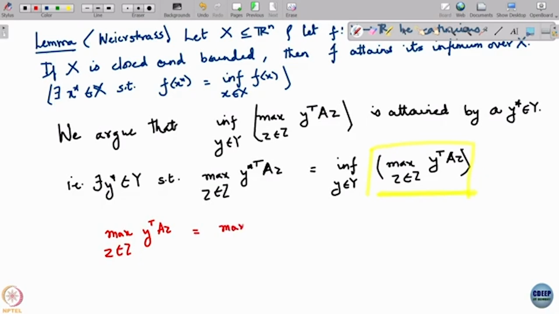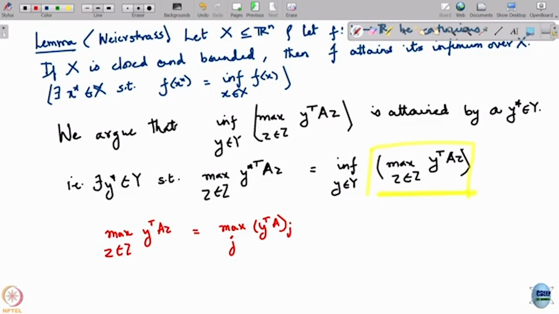This was the maximum over j of y transpose A_j. Why was that? Because y transpose A is a row of components, and capital Z is the set of probability distributions, and therefore the maximum is attained by a probability distribution that puts full mass on the largest component.